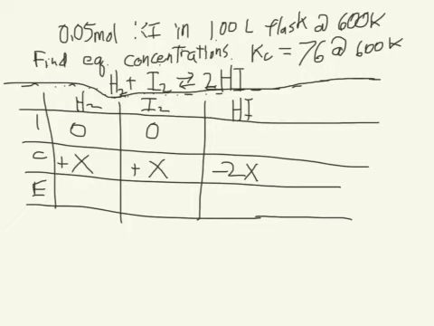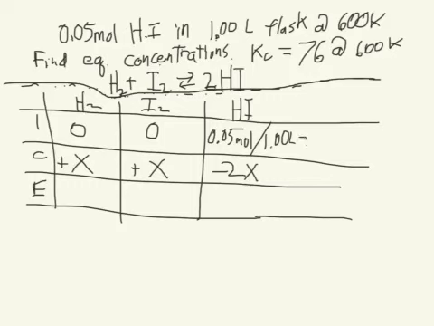I just noticed that I wrote Ki up here, so I'm going to fix that. But anyway, we're given moles of our product, HI. That's not molarity, that's not a concentration yet. But luckily, it's in 1 liter of volume, so it's actually the same number, because to get molarity, we take moles and divide by volume in liters.